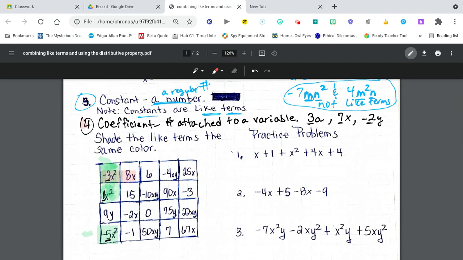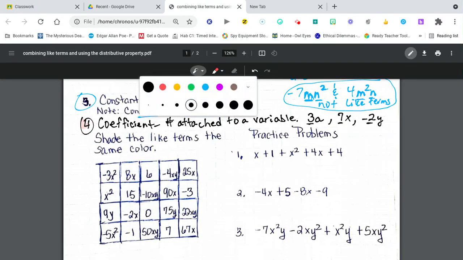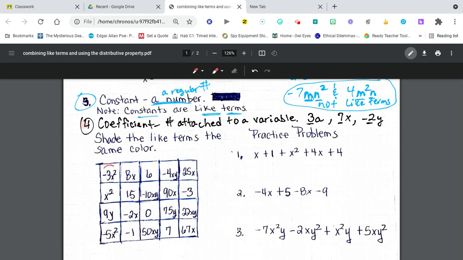Okay, let's take a look at this. You know what I'm going to do? Instead of shading them, because that's not working out, I'm going to circle them in a certain color. So -3x squared was like x squared and -5x squared.